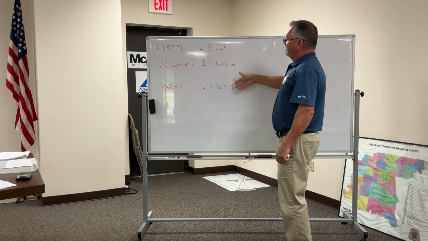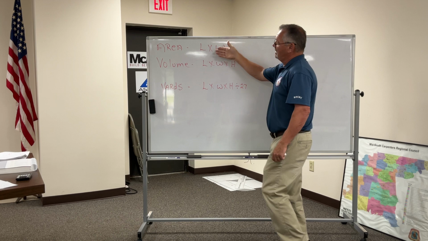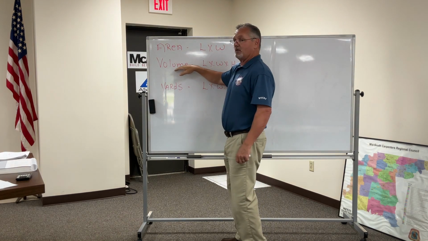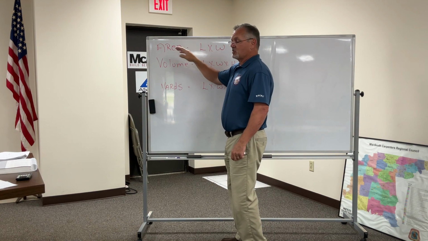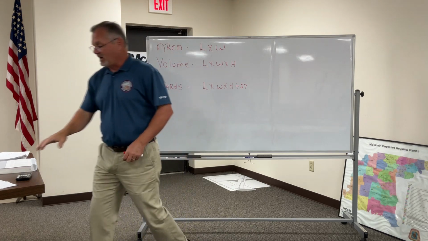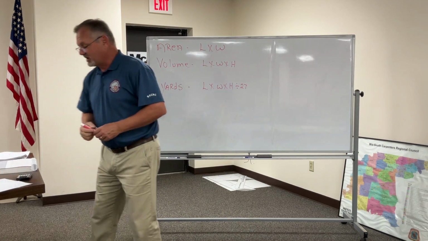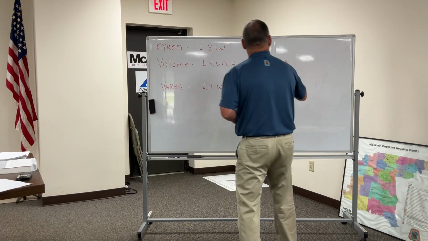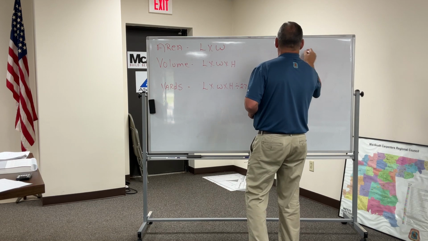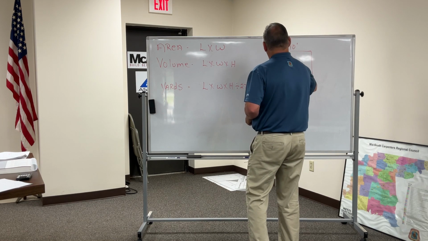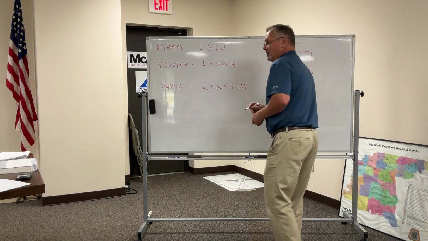So the reason I have them lined up like this is because you really can't get volume without first getting area. So on your sheet, you'll notice that I have one of the squares there is basically a 10 by 10, right? So it's 10 feet wide and 10 feet long.